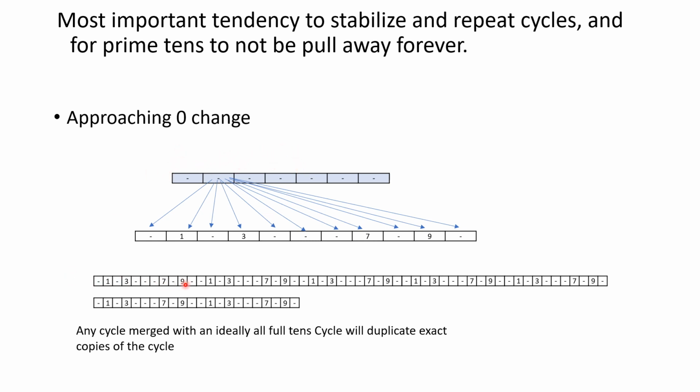So you're going to get 7 of those here because this has 7, so you're going to have 7 repeated exact cycles. Any cycle merged with an ideally all full 10 cycle will duplicate exact copies of the cycle.